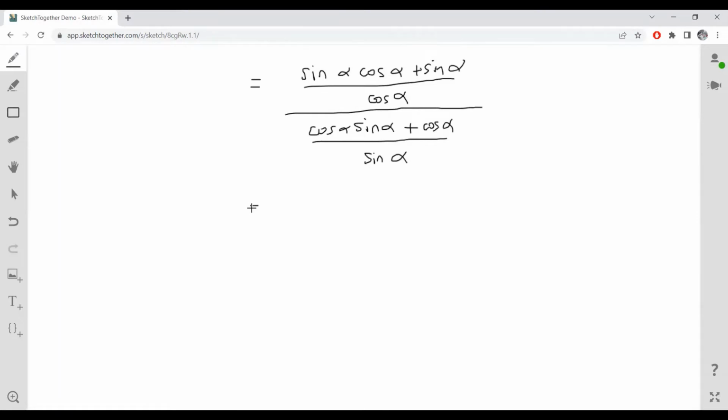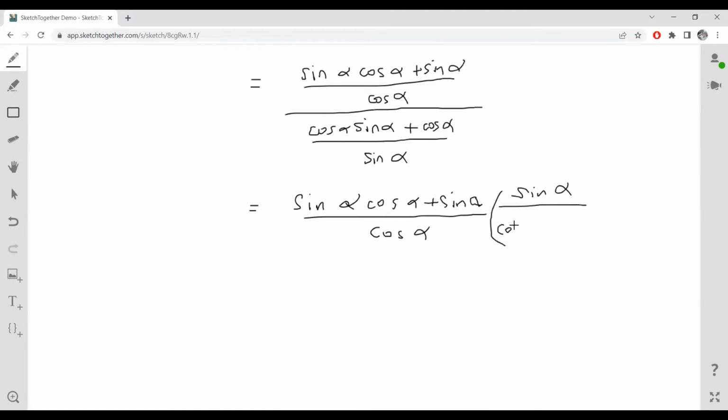So then we know that when we divide by something, it's essentially just multiplying by the reciprocal of that something. So we'll rewrite this as a multiplication instead of a division. Numerator stays the same, and here we're going to multiply by the reciprocal of the denominator, which is sine alpha over cosine alpha times sine alpha plus cosine alpha.